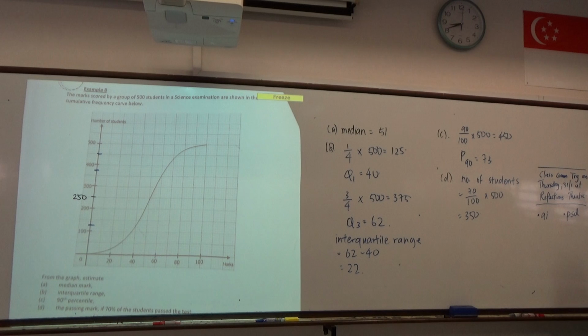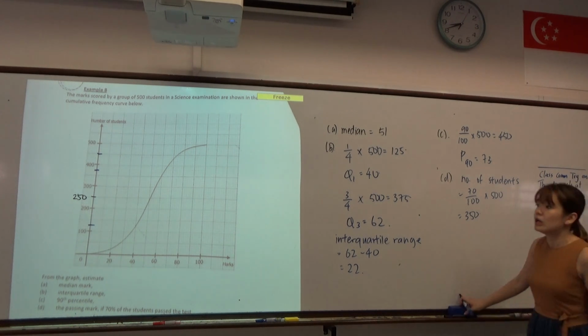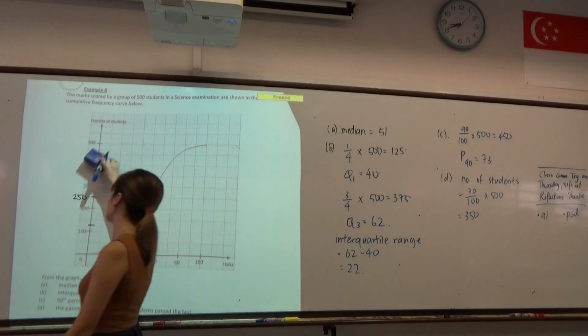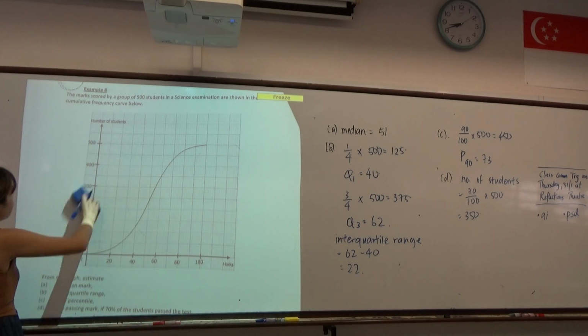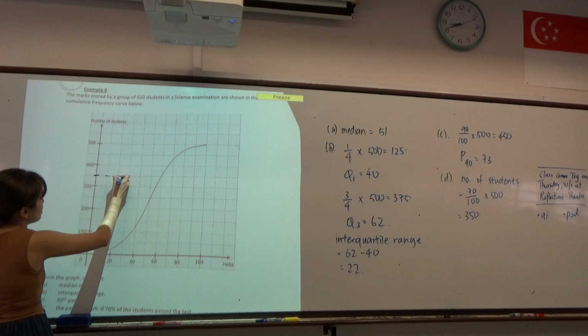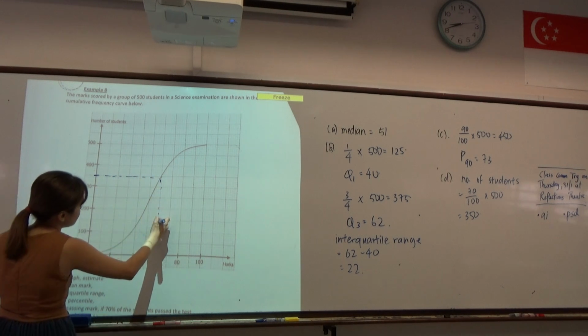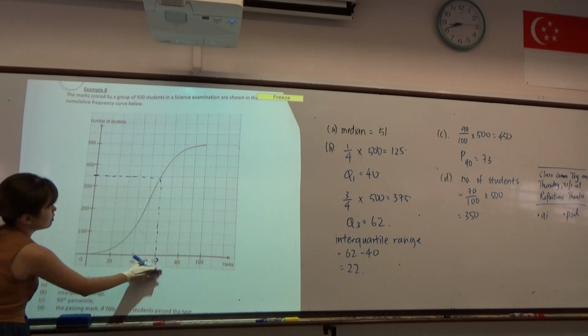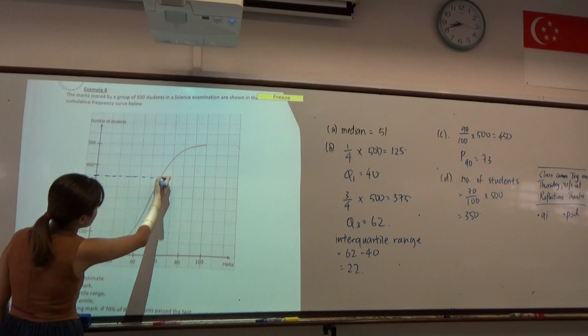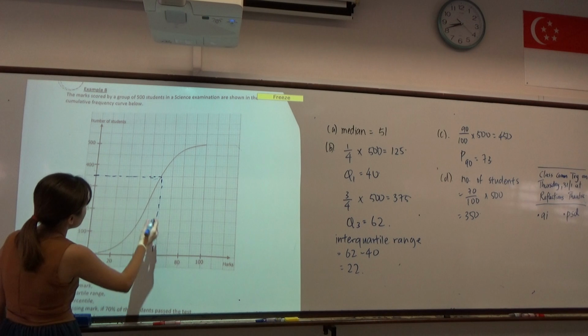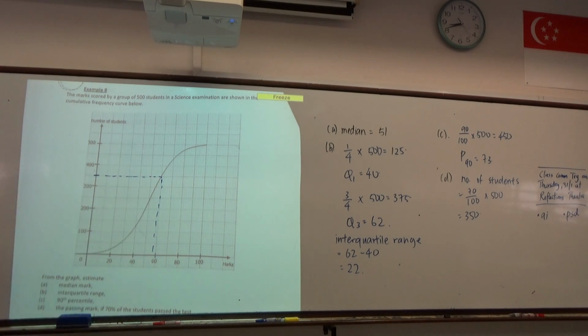So 350 students actually passed the test. But then do I actually read where 350 is and find that this is the answer? Is the answer going to be 60? Why?